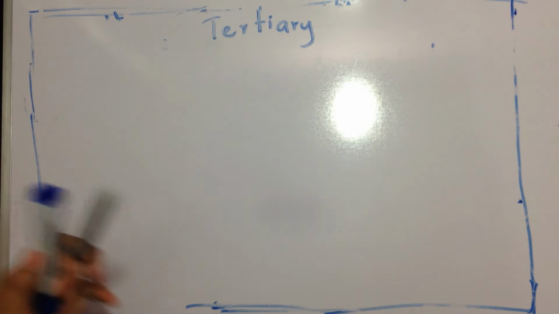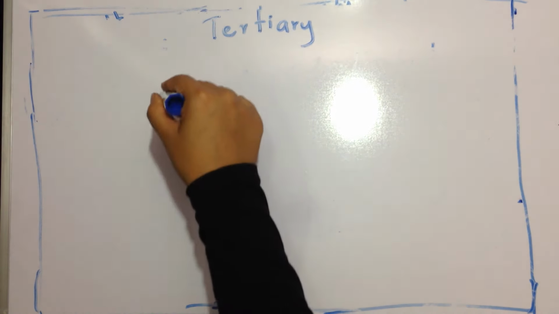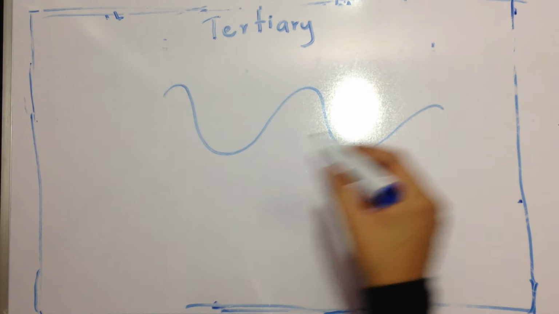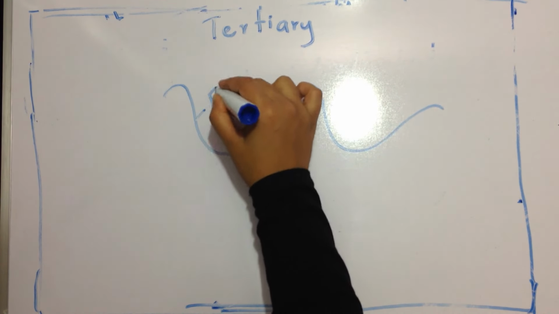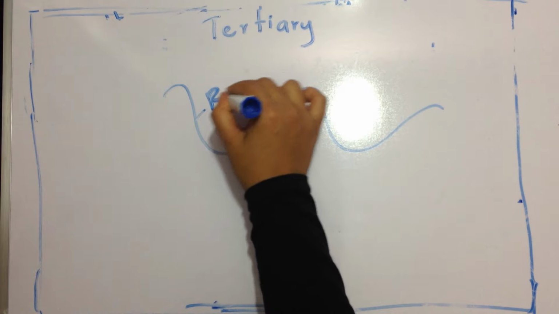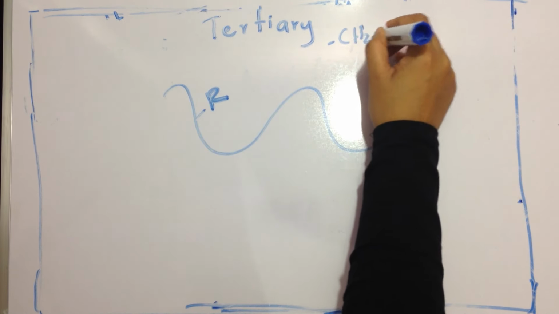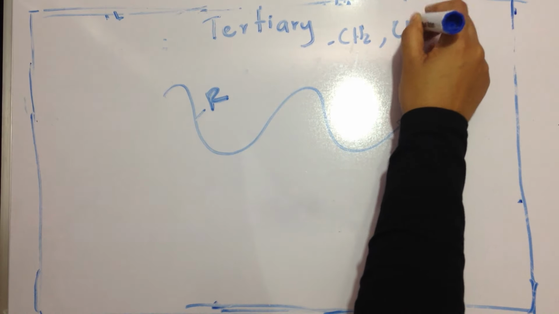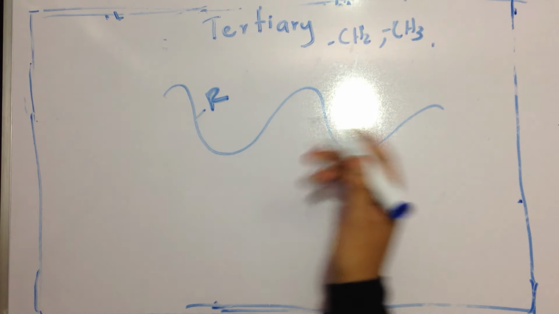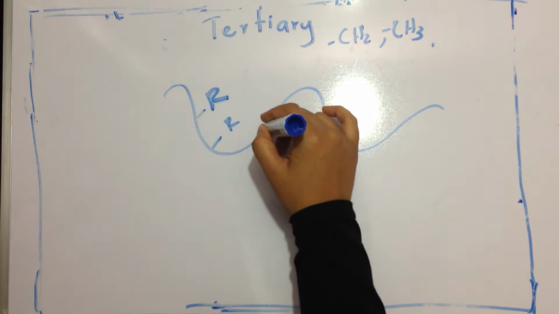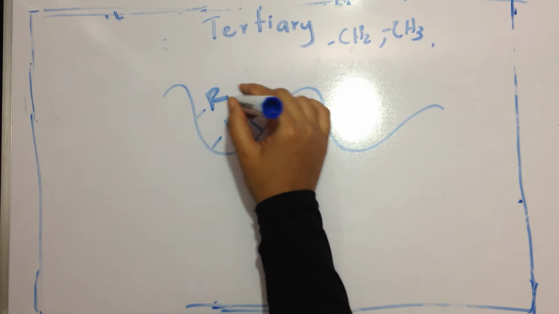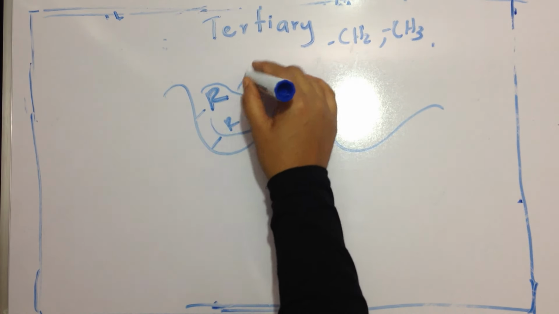For example, this is the polypeptide chain, and there are R groups. In here, the R group contains only CH2, CH3, like these non-polar groups. So these non-polar groups cluster together and they repel water.